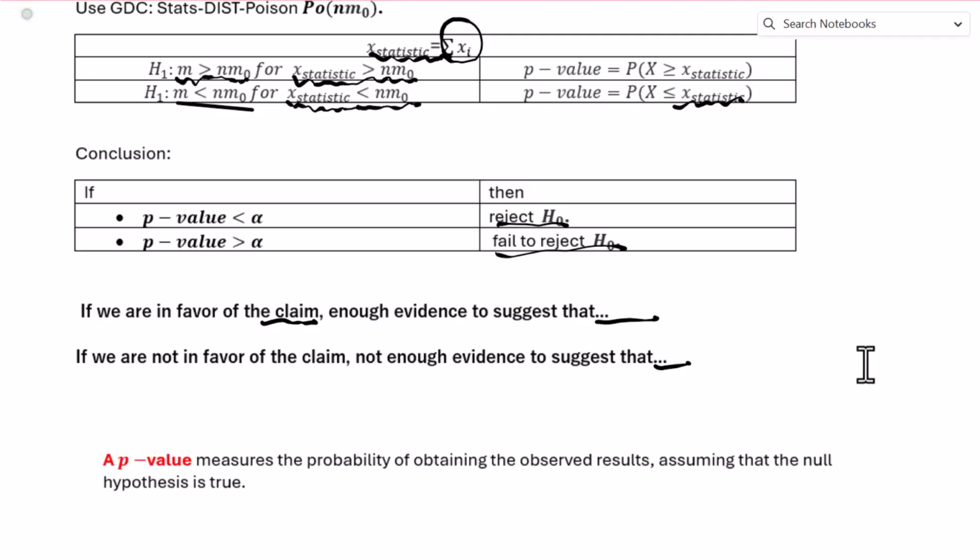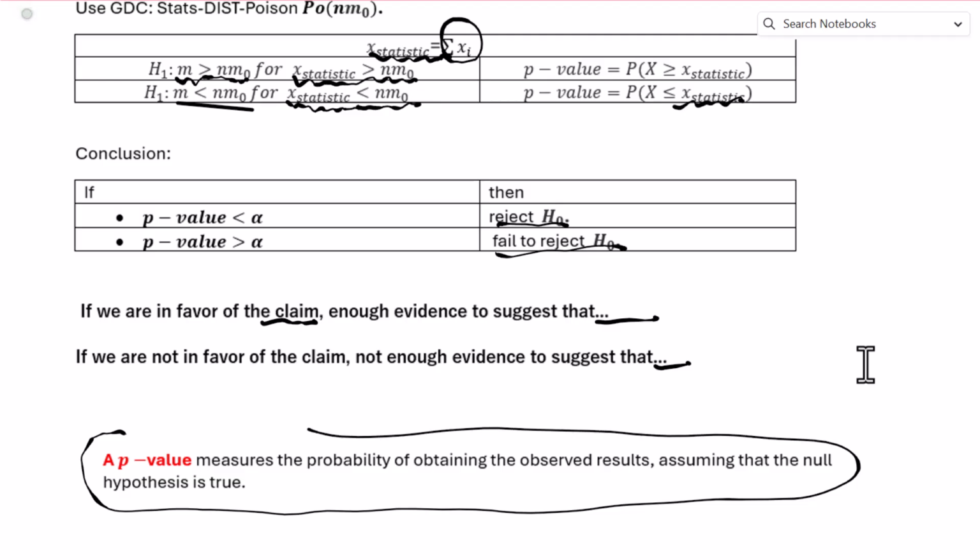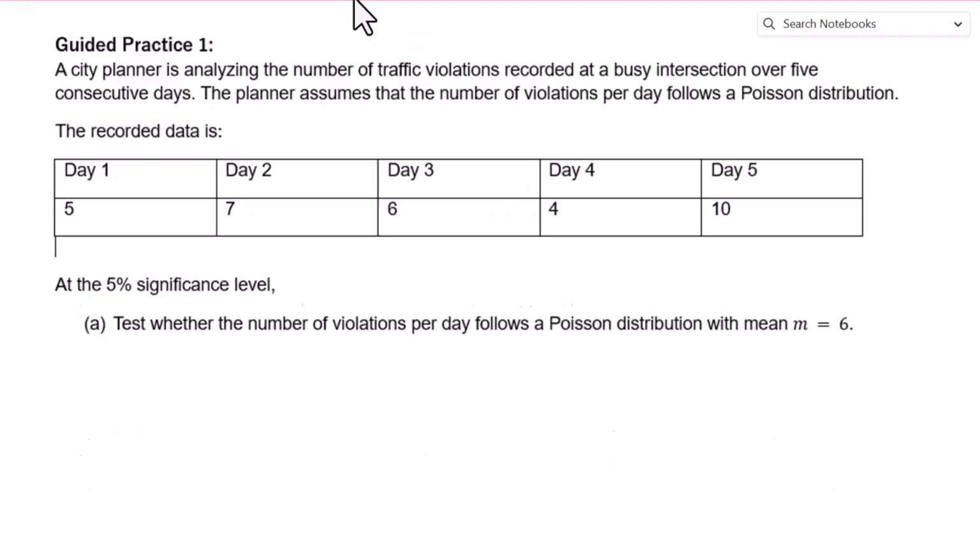In this test, we use the definition of p-value to work out the p-value. So we assume H0 is true, then we figure out the probability of obtaining the observed result. Let's go to guided practice 1.